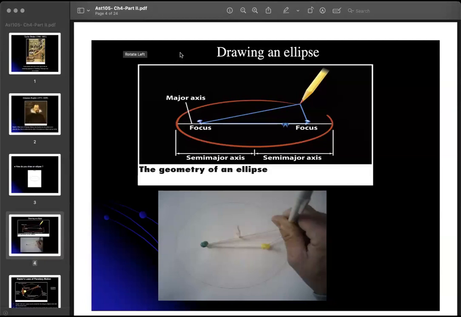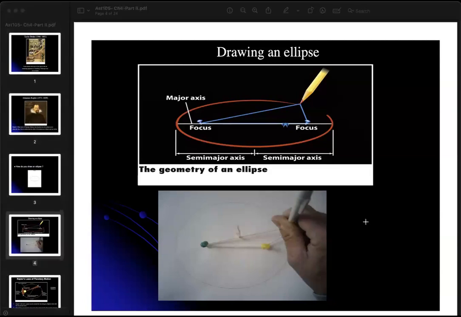Eccentricity could be different. Some ellipse could look very close to the shape of a circle, and its eccentricity will be 0. In fact, if it's perfectly 0, then an ellipse is a circle. So circle is a type of ellipse. If the eccentricity is a little bit more, the eccentricity goes from 0 to 1.